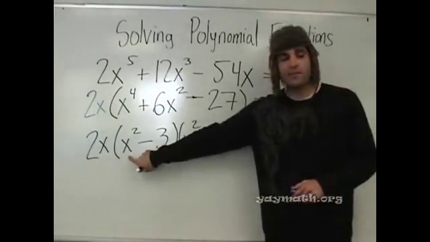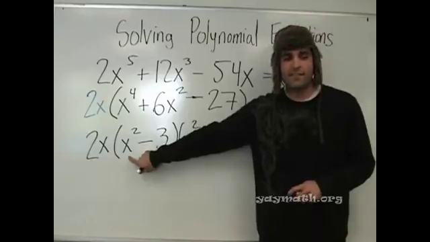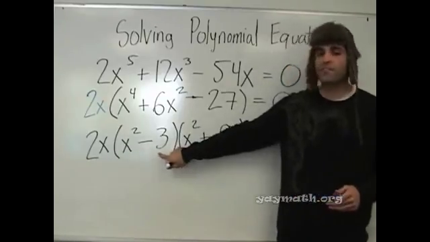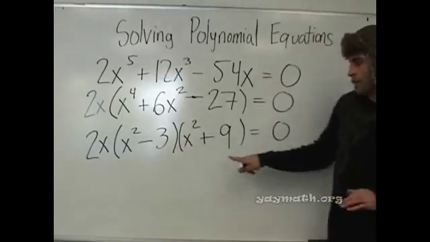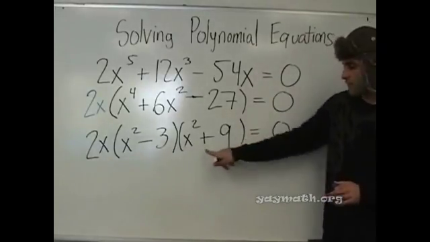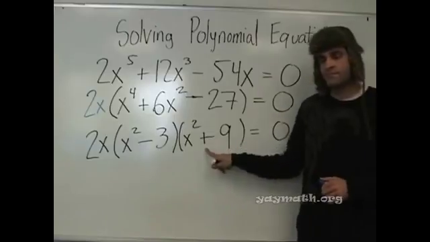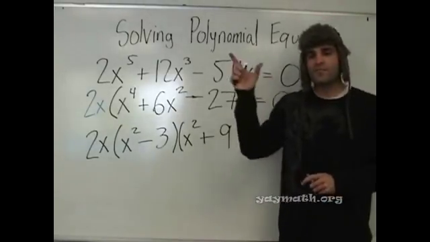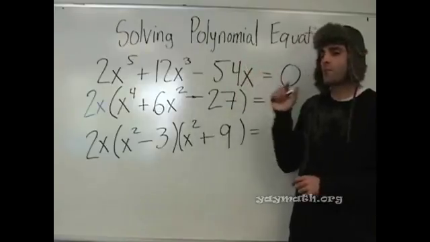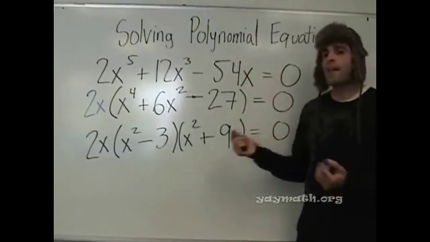Is this a perfect square? Yes, x times x. Is this a perfect square? No. So it's not a difference of squares. Over here, not a difference of squares because it's not a difference. So you can't do it if it's not minus. Right, it has to be a minus. That's why the word difference is important. Difference of perfect squares.